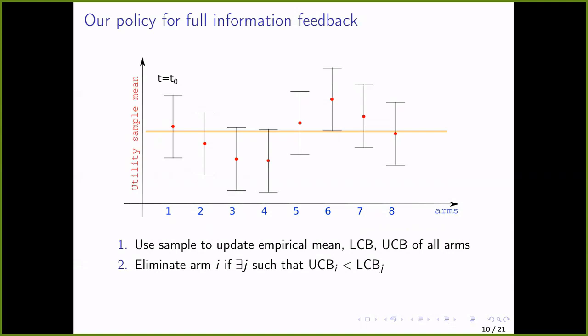We eliminate an arm if the UCB of the arm is less than the LCB of any other arm. It is therefore sufficient to compare the UCB of an arm with the highest LCB across arms. Once an arm is eliminated, it is not considered in any further rounds.